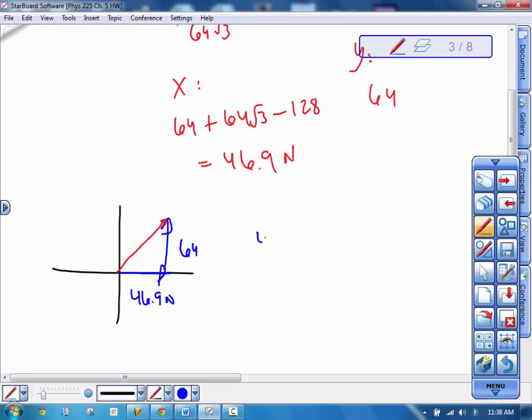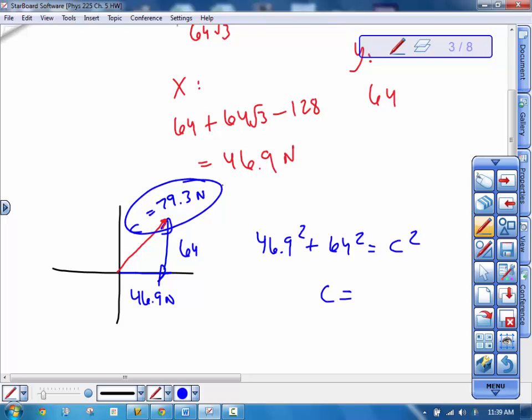So a squared plus b squared equals, I'll call this c for now, c squared. And so we can solve for that hypotenuse of that triangle, which is the overall resultant force of adding the other three together, which we get 79.3 newtons. So the overall force is 73.9 newtons.